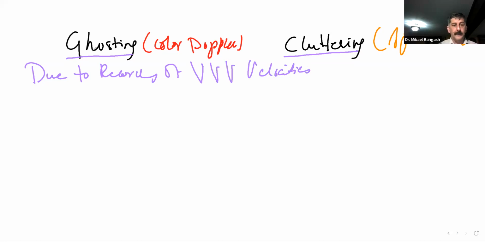So ghosting in a color Doppler or cluttering in a spectral Doppler happens mainly because either your color Doppler mode or spectral Doppler mode records very, very low velocities. Is that clear?